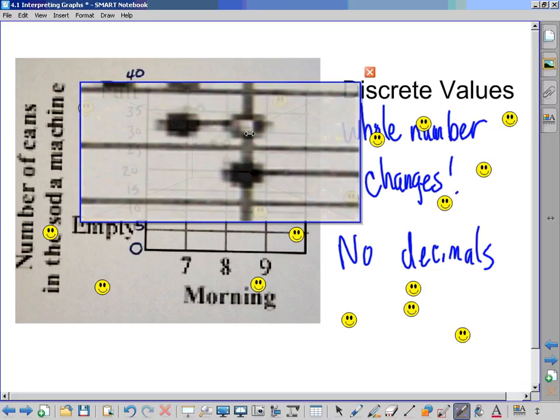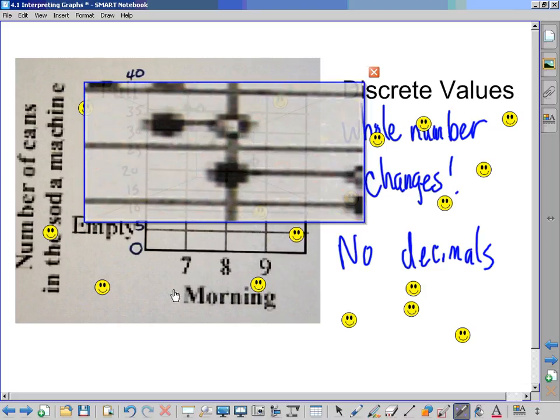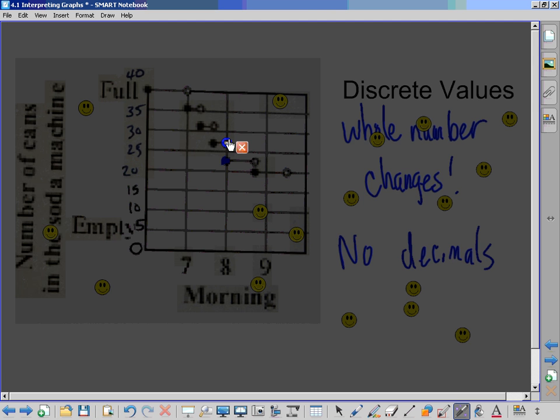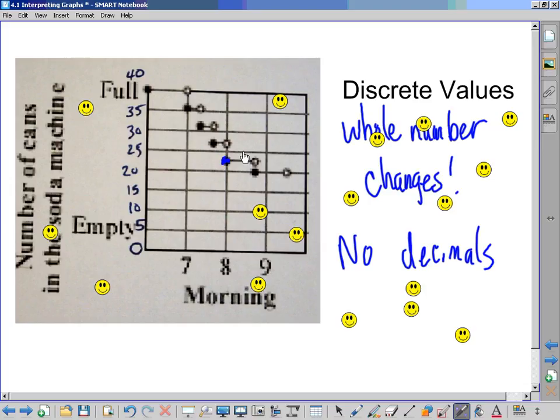Okay, and this is 27 cans of soda. Which is it? What does the machine have? 22 or 27? And how do you know? Open versus closed. What do you think? So at 8 a.m., does it have 22 or 27? How do you know it's 22?